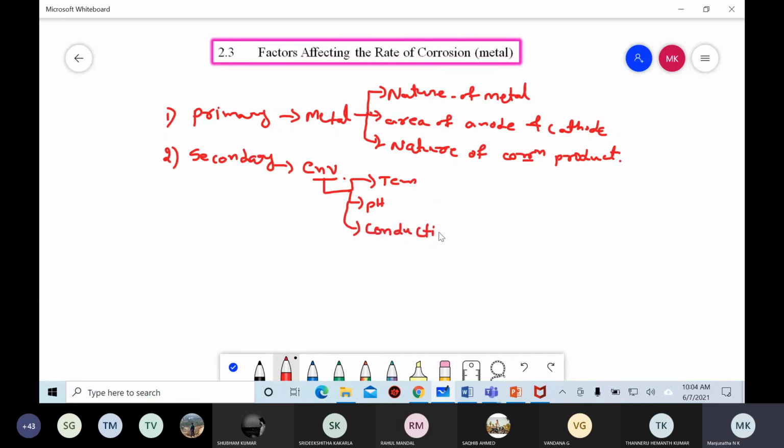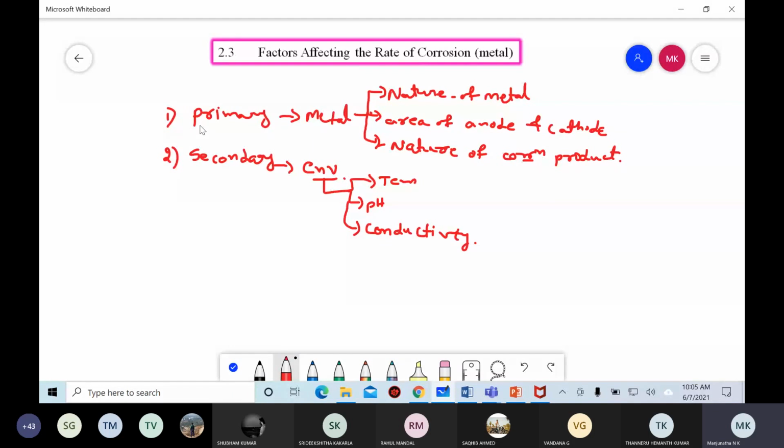These are the secondary factors which affect the rate of corrosion. Due to these factors, sometimes the metal we expose to the environment undergoes corrosion very slowly, and sometimes very fast.